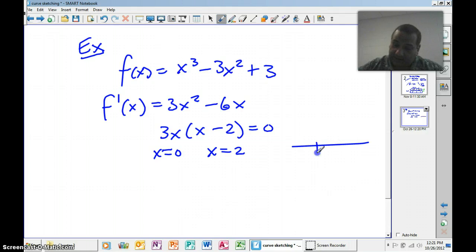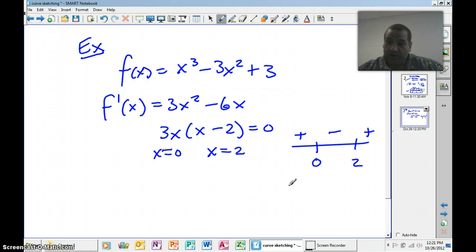So here's our sign analysis, 0, 2. Anything less than 0 here, like negative million, negative times negative would be positive. If I plug in 1, I'll get negative. And if I plug in like a million, I'll get positive.